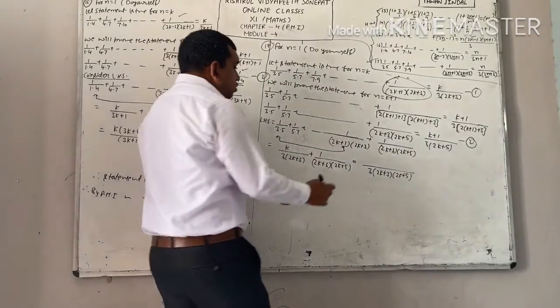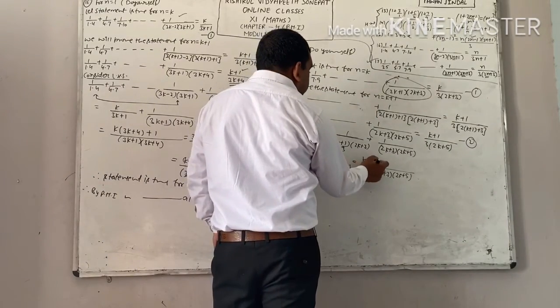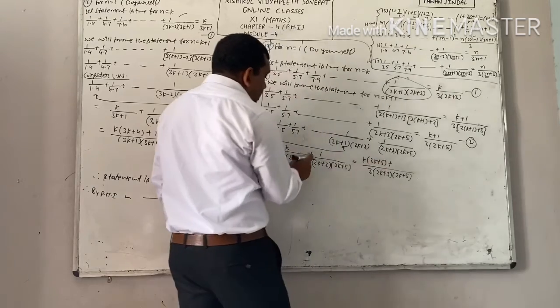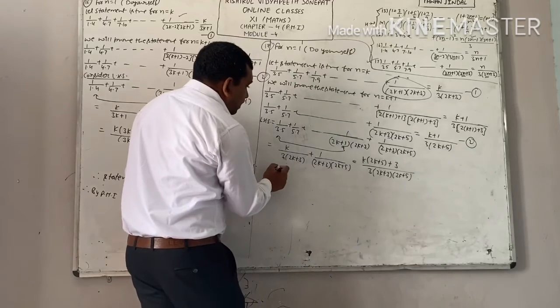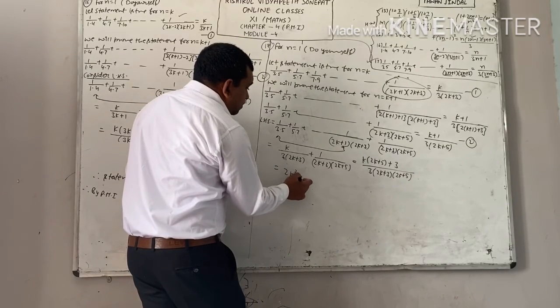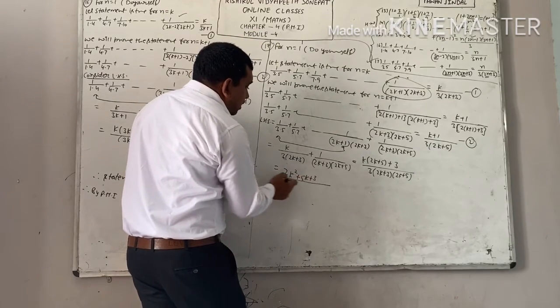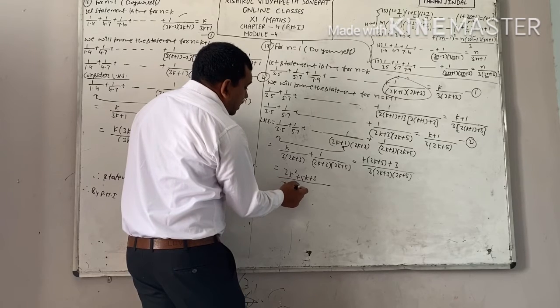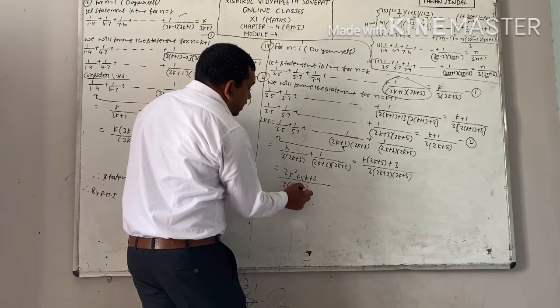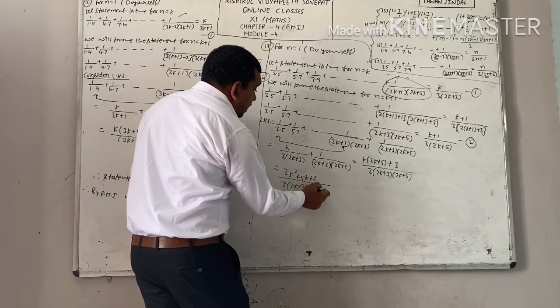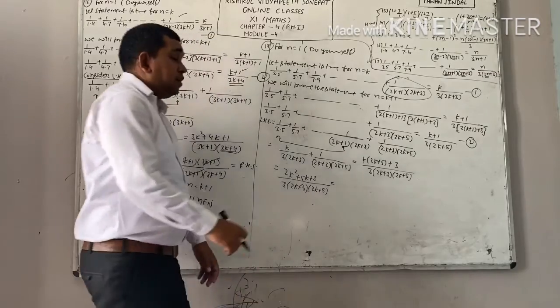Here you will get k into 2k plus 5 plus here you will have 1. Now open this one, you will get 2k square plus 5k plus 3. Now this is your quadratic, and quadratic is having two factors, and I am telling you the shortcut, you can apply it here.